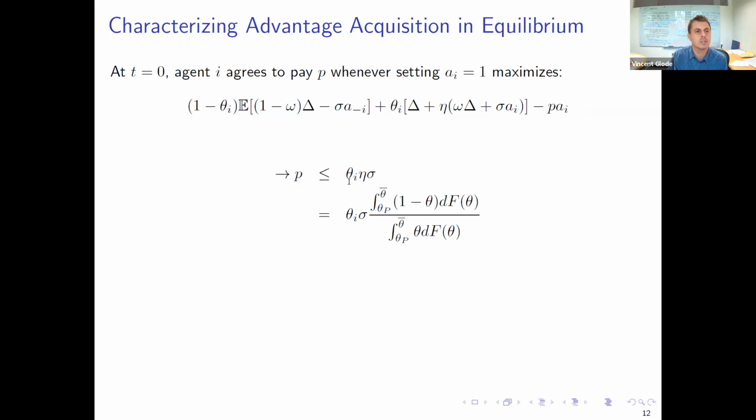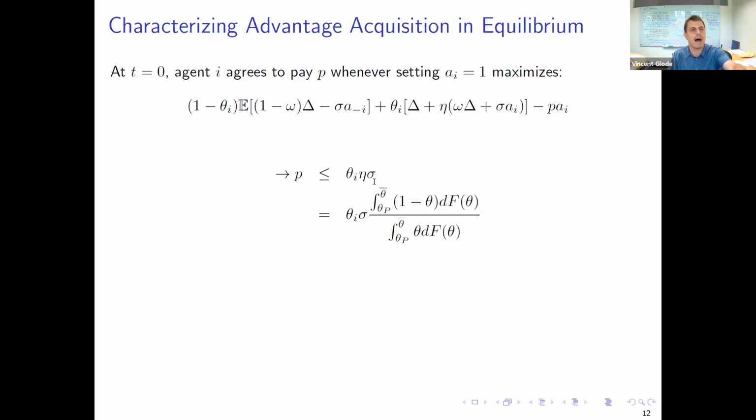You need P to be smaller than the agent's type, which is the probability that this agent will get to supply liquidity, times the quantity of transactions, the volume of transactions in which it will participate, times sigma, which is the premium, or the extra payoff you get from having the trading advantage.